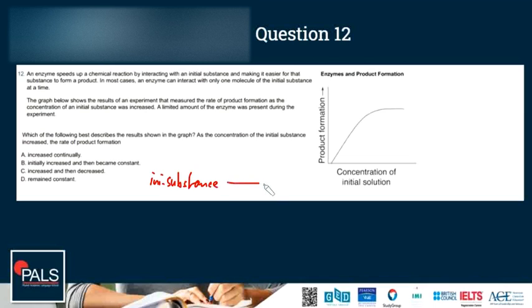And this initial substance will basically undergo a reaction to form a product or products. And this reaction is controlled and sped up by an enzyme.